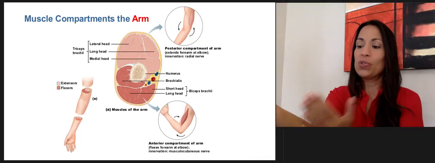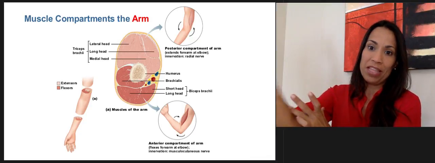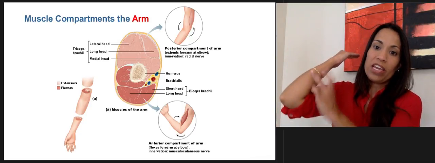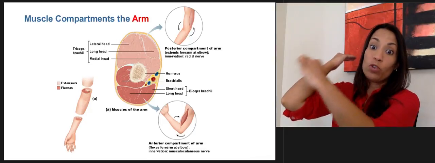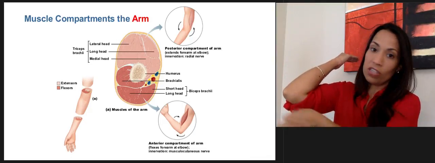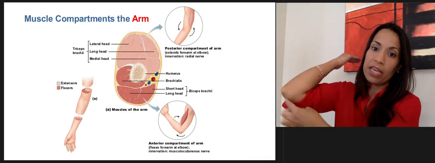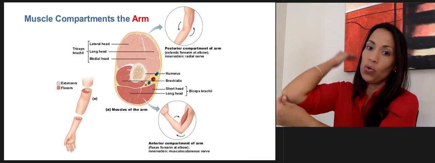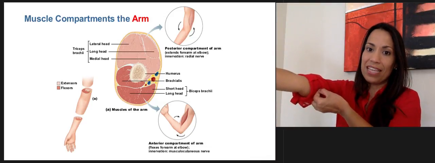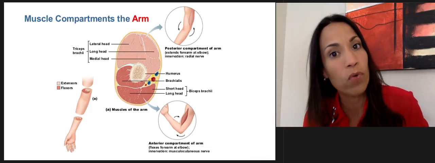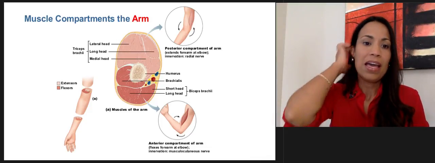I'm going to reduce the angle between the forearm and the arm and produce flexion. If now I contract a muscle that crosses the elbow joint posteriorly, I'm going to extend the forearm at the elbow.